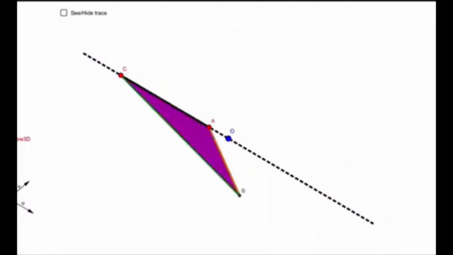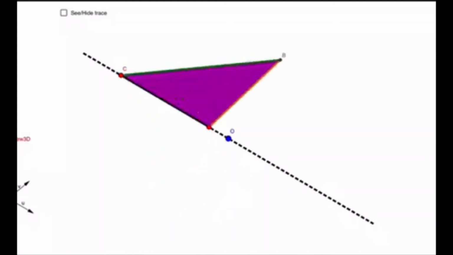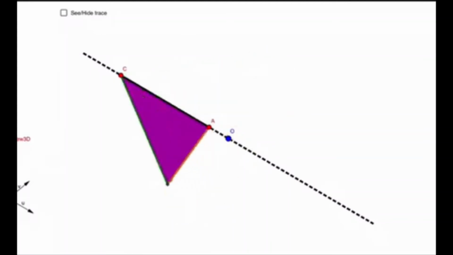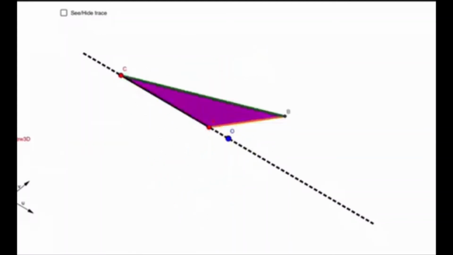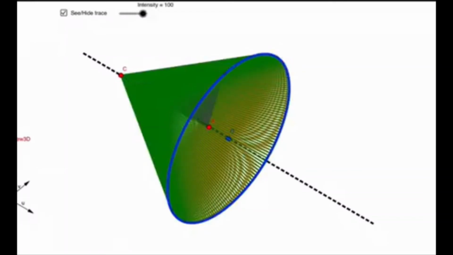As you can see, if we start rotating this triangle, let's do it a bit slower. Okay, if it constantly rotates, we are going to have a cone, as you can see here. So the question is asking for the volume of this triangle constantly moving, which means it will give us a cone. So we need to find out the volume of this cone.